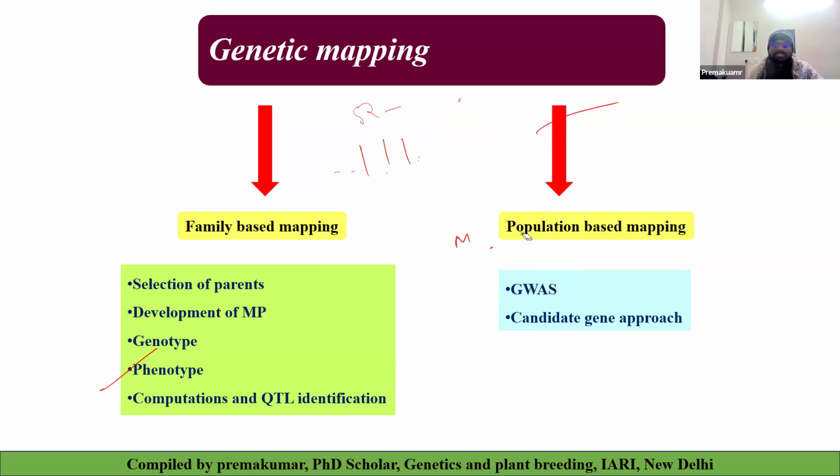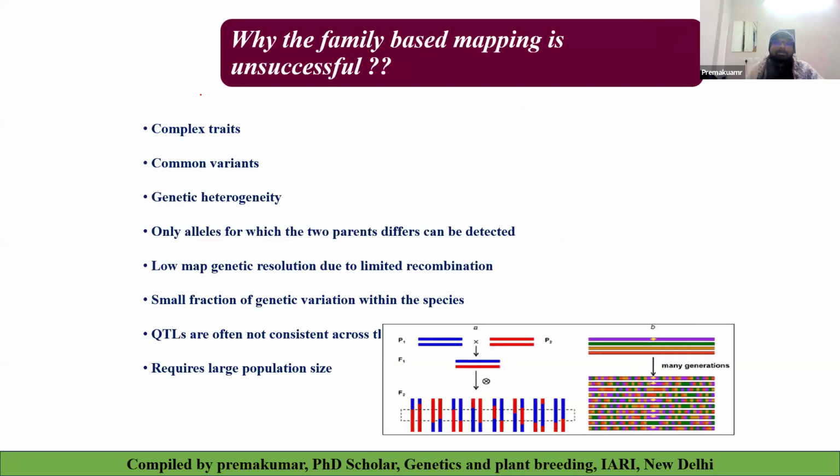And is it linkage based? It's not linkage based; we'll discuss in detail after discussing association mapping. Why is family-based mapping not successful in some conditions? For example, with complex traits: yield itself is a complex trait governed by many minor genes.